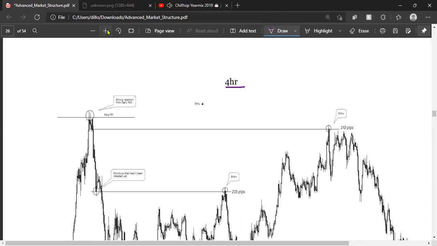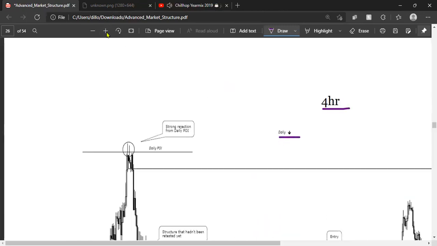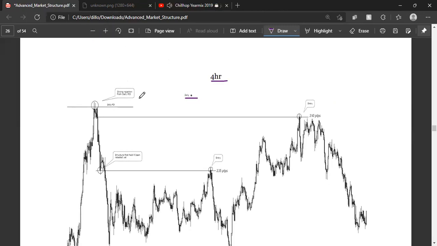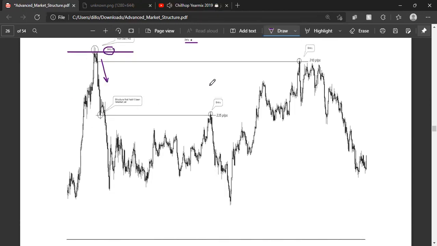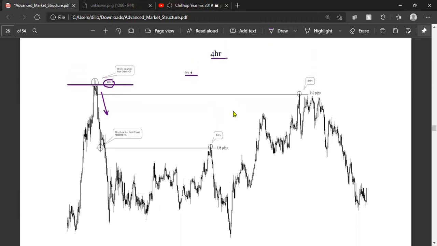So if we remember, right, daily was bearish. And here is that daily point of interest, right? And look at that huge rejection that we got from that point of interest right here, right? Huge rejection.